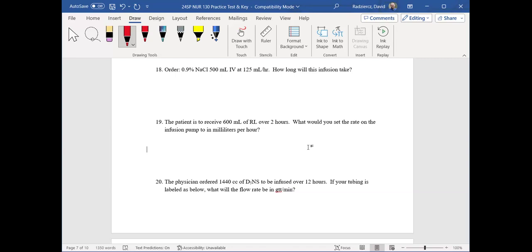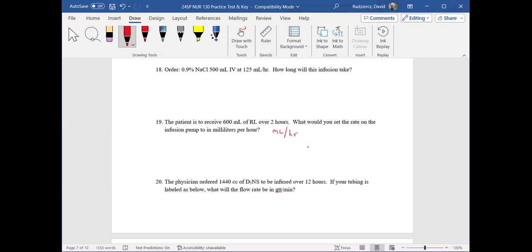But let's talk about this. When they ask you, what would you set the rate on the infusion pump to in milliliters per hour? They're telling you to solve for milliliters per hour. Milliliters per hour is the standard for flow rate. Flow rate just means the amount of volume over time.